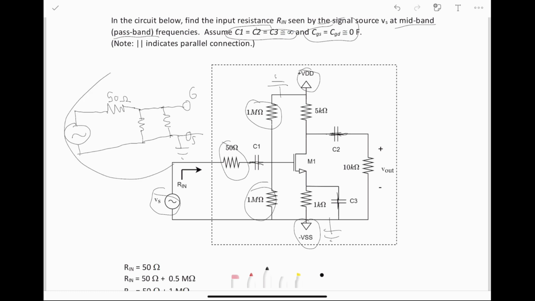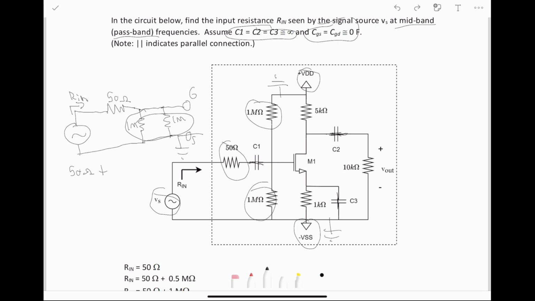As far as this circuit is concerned, everything over here basically doesn't exist. It doesn't affect this input side of the circuit. So we have our 1 meg resistor, 1 meg resistor, and that's the whole circuit. We just need to know what's Rin right here. And we can see pretty easily it's going to be 50 ohms in series with these two 1 mega ohm resistors that are in parallel.